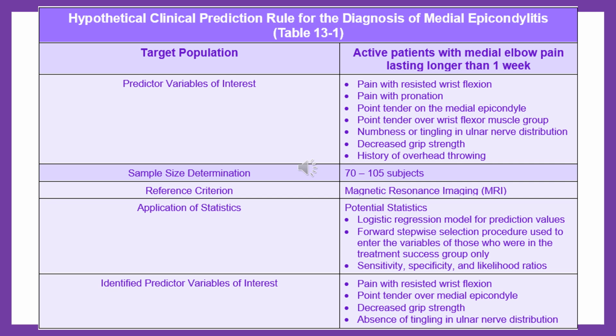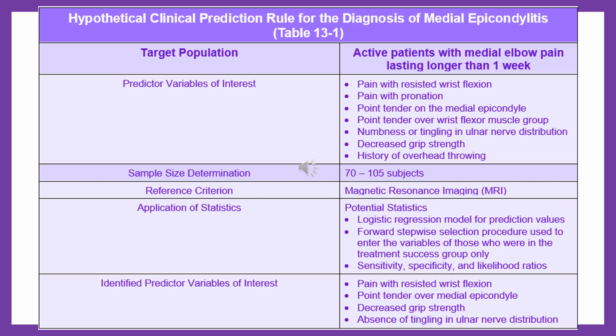So the target population here is active patients with medial elbow pain that lasts longer than 1 week. And just be aware that longer than 1 week, it may mean 8 days, or it may mean 8 months. Okay, so be aware of that.